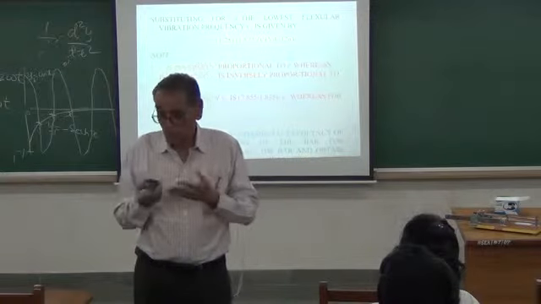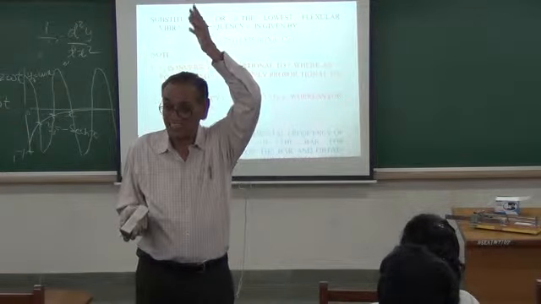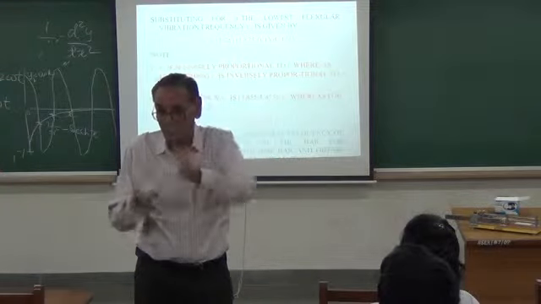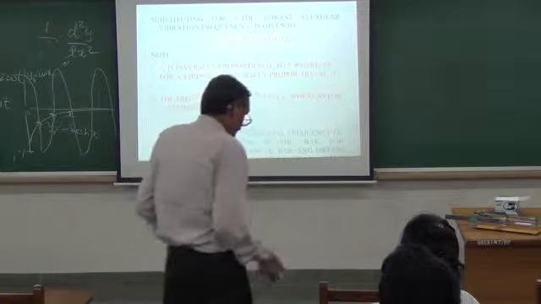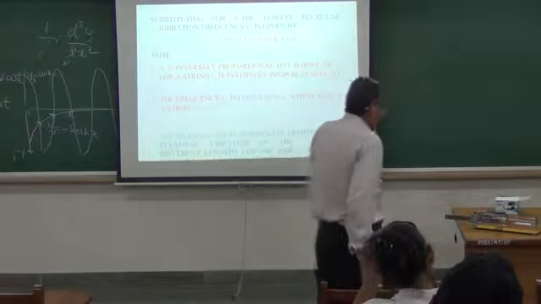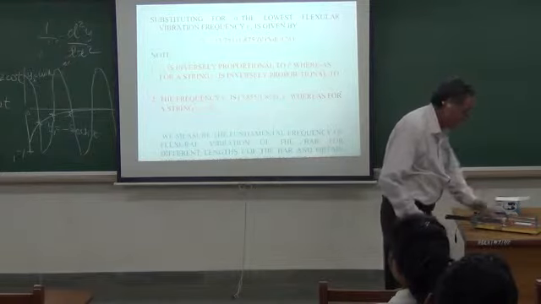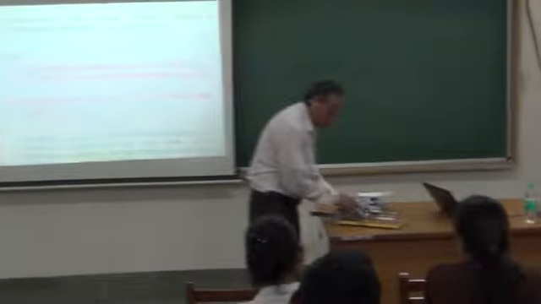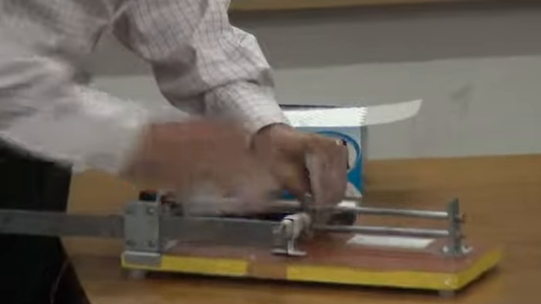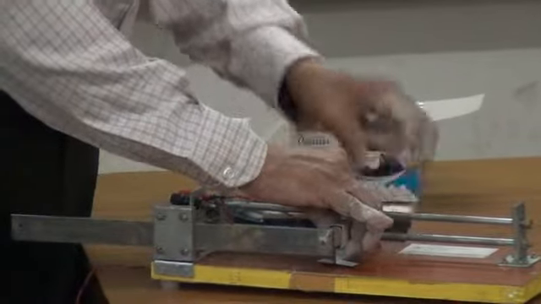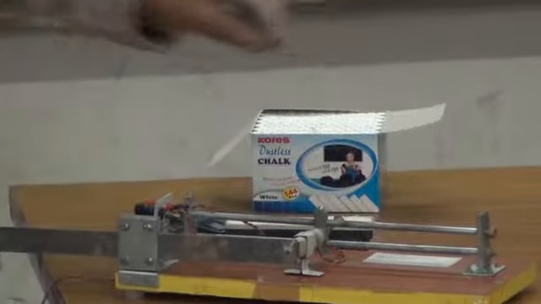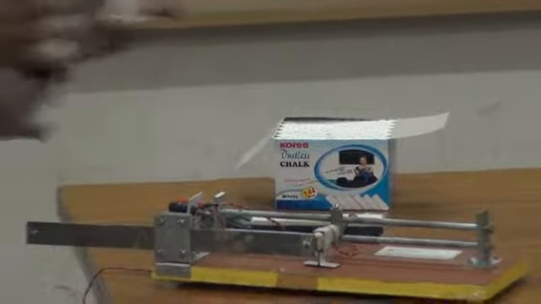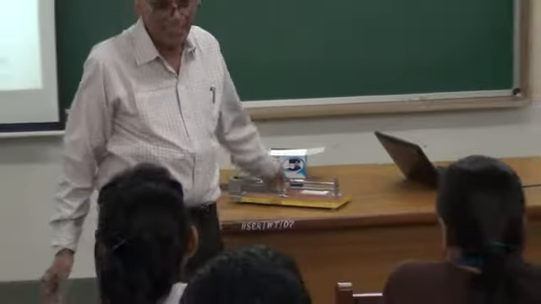But when the first resonance occurs, the amplitude will be so large, this will go and hit it. So I have a provision for moving this back, so that the force becomes smaller. At resonance you can see the resonance, but it won't go and hit it.